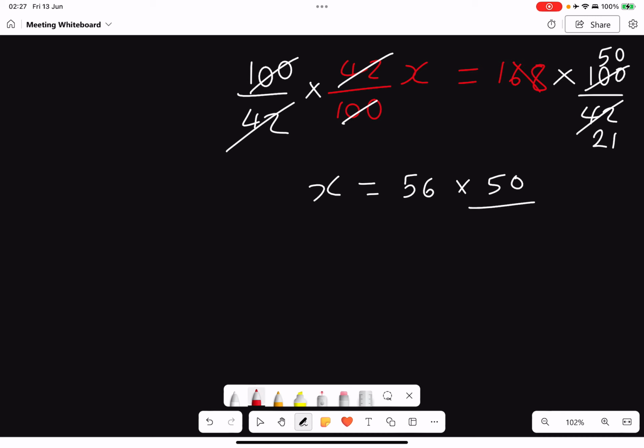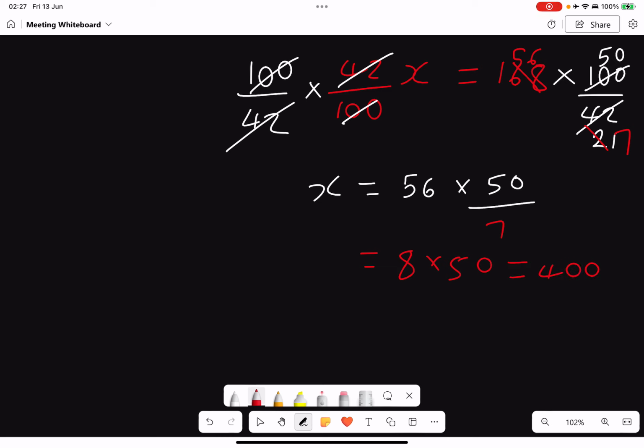So it goes 56 times there. Here it goes 7 times, right? And then we know that 7 can go into 56. It goes 8 times, right? Times 50. So x must be 400.